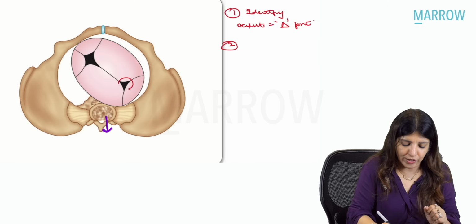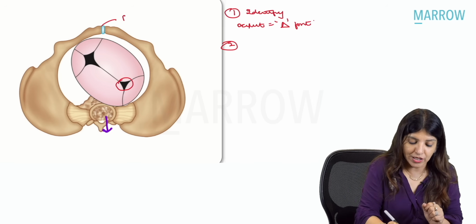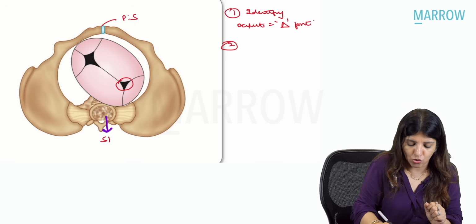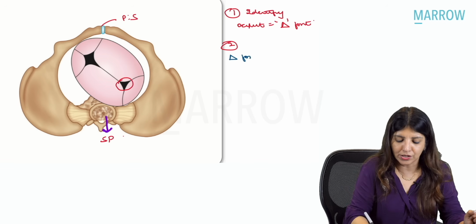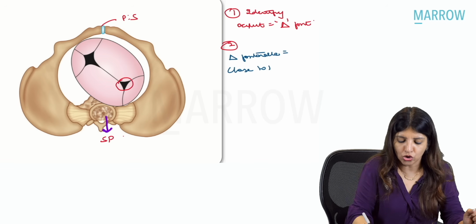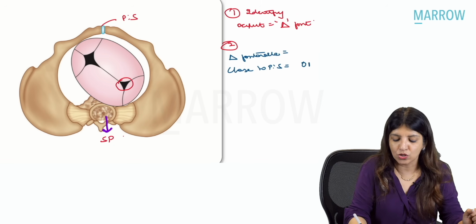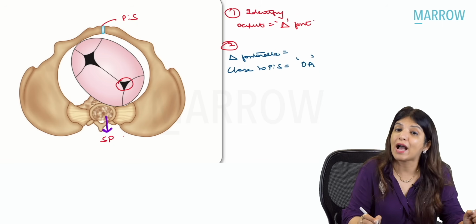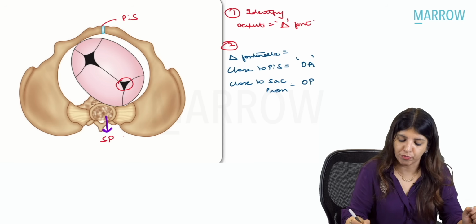Number 2. So this over here is the triangular fontanelle, that is the posterior fontanelle. This is the pubic symphysis. This over here is the sacral promontory. Now you have to see whether this triangular fontanelle is lying close to the pubic symphysis. If it is, you will call it occipito-anterior position. If it is lying close to the sacral promontory, you will call it occipito-posterior position.